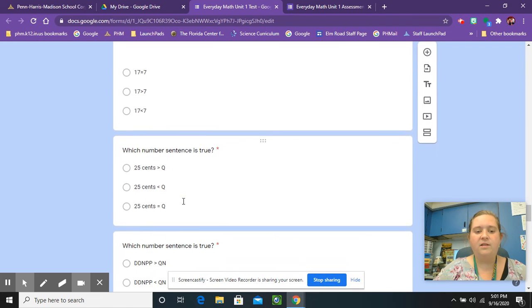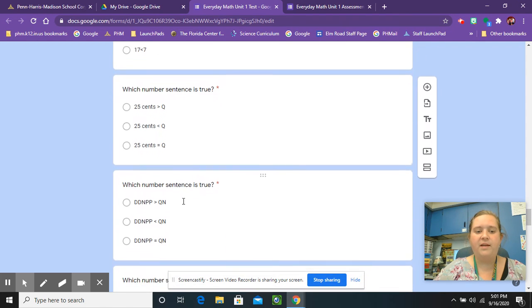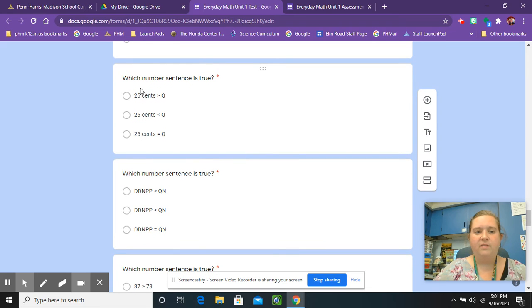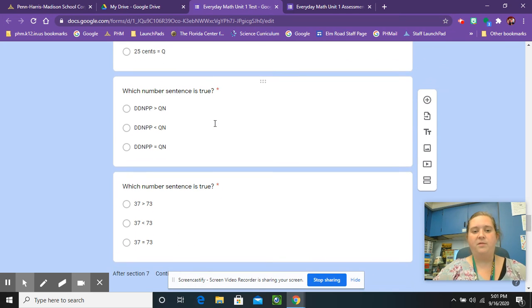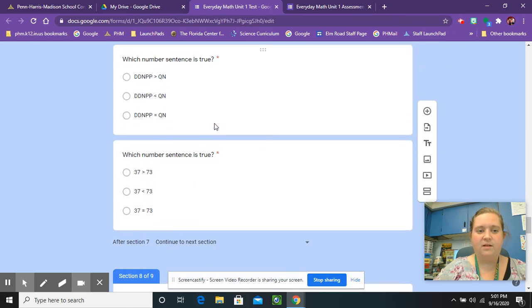You pick the answer, and then you scroll down to the next question. Which number sentence is true? 25 cents is greater than 1/4, 25 cents is less than 1/4, or 25 cents is equal to 1/4. So you have to tell me which one of these sentences is true.